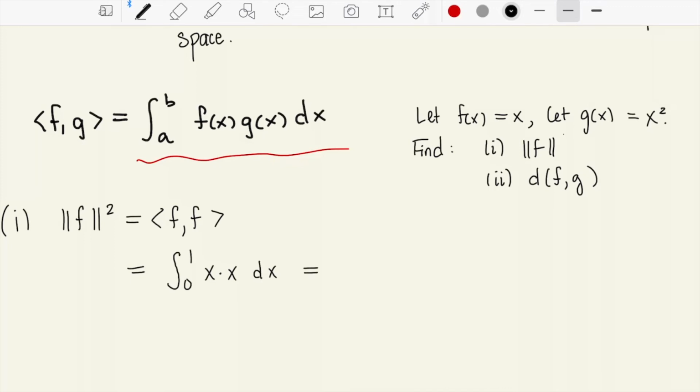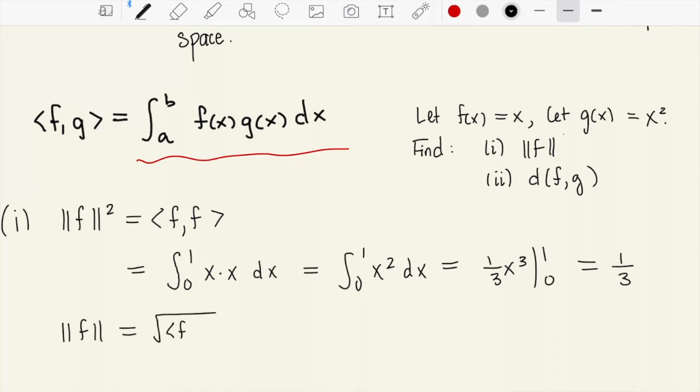So we're evaluating the integral of x squared, which gives us 1/3 x cubed, evaluated at 1 and 0, and so we get 1/3. Now this is all calculating the norm of f squared, and so for our final answer, the length of f, we need to take the square root. That's the square root of the inner product of f with f, so we get the square root of 1/3.